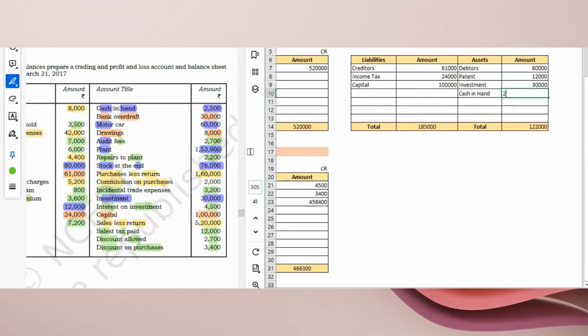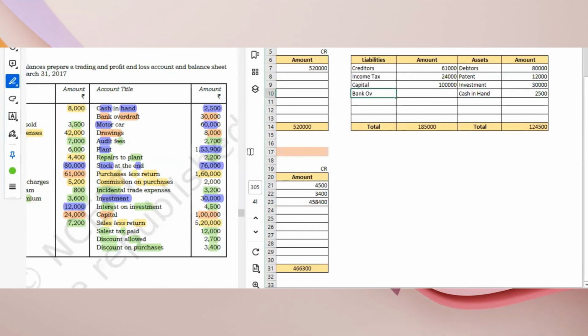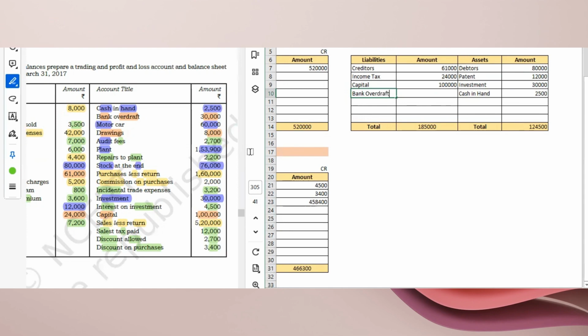How much cash in hand do you have? 2,500. Bank overdraft, 30,000. See, we marked it in red. All the reds are there, and drawings also. Drawings we should reduce, right? So we will reduce it out of our capital.